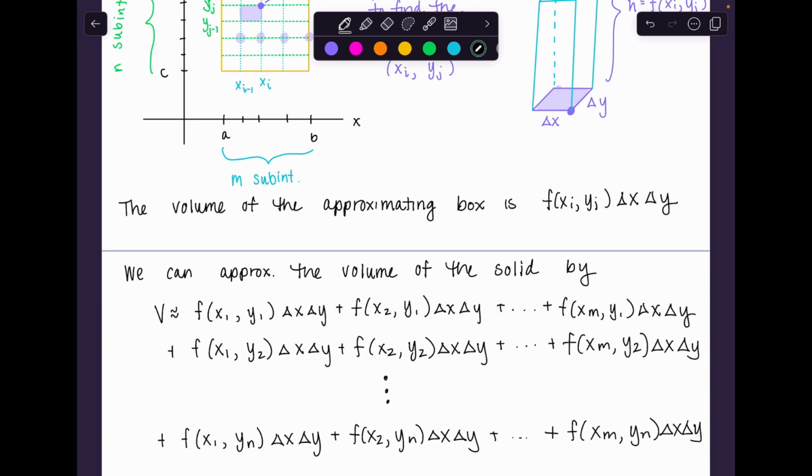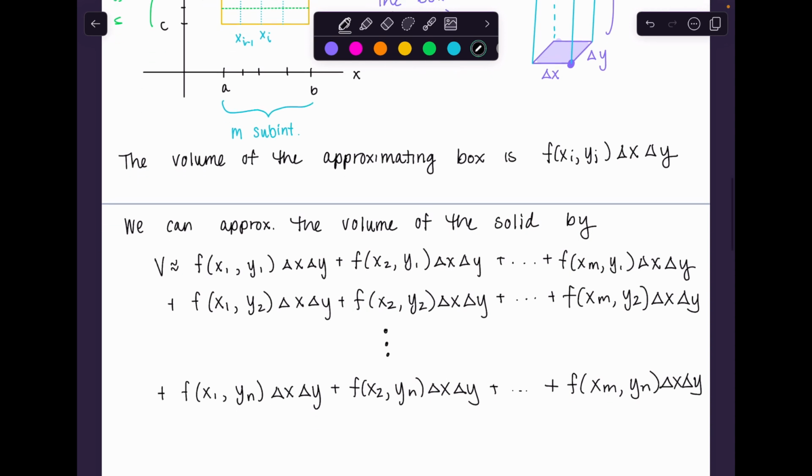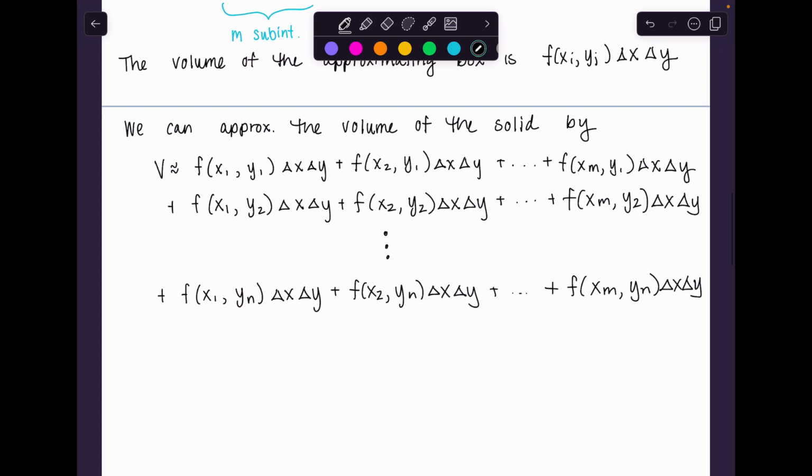So before we just had a sum from 1 to n of our xi's, but here now I have to go through every single possible combination. Okay? So what that means is my volume is actually equal to a double sum. We have our xi and yj. These two things are changing, but delta x and delta y stay put.